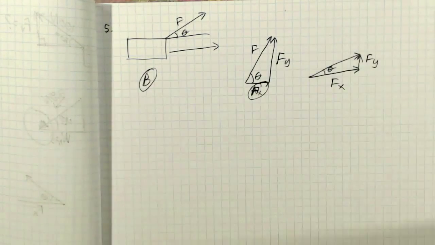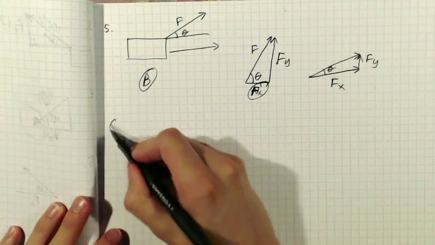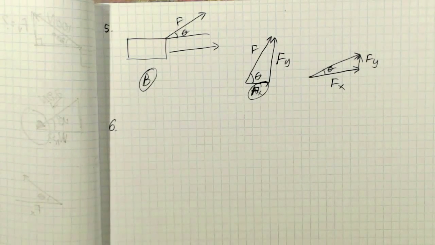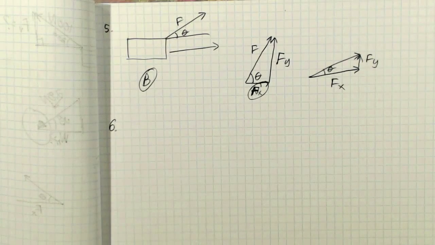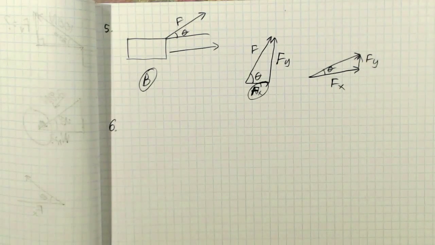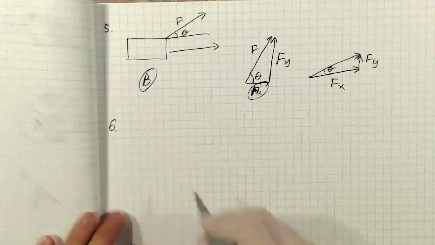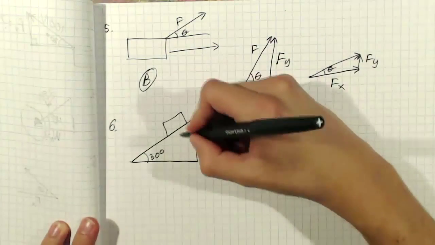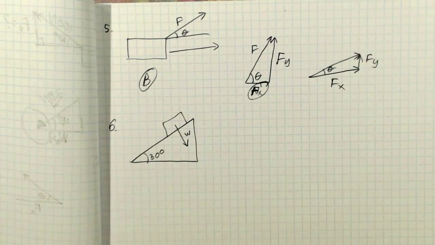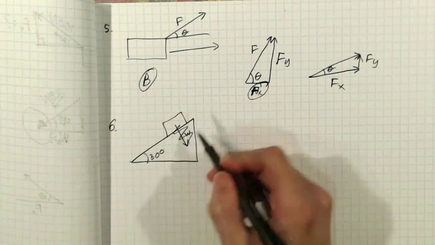Next question is question 6, and it says, in the diagram below, the weight of a box on a plane inclined at 30 degrees is represented by the vector W. What is the magnitude of the component of the weight W that acts parallel to the incline? So it wants to know, sorry, that's completely wrong.